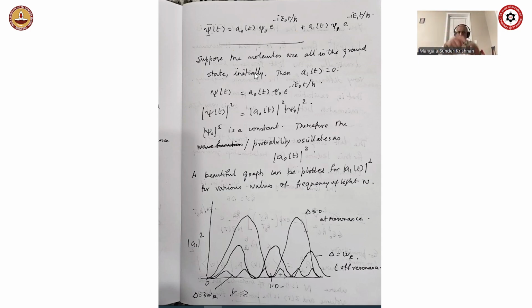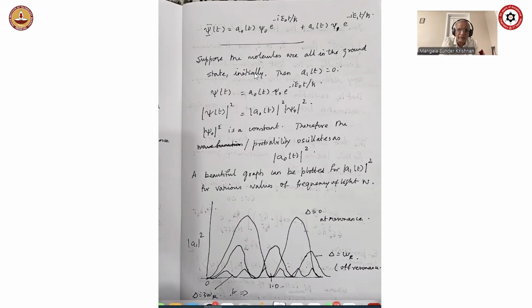That's the large graph here. But if the radiation frequency is far away from the energy gap, then the system doesn't absorb off resonance. And the farther away it is, the smaller the probability that it will go to the excited state. A1 square is very small.